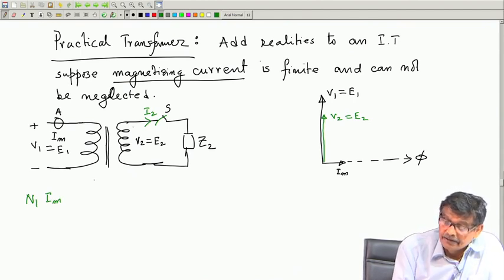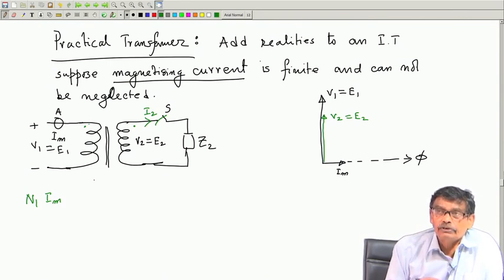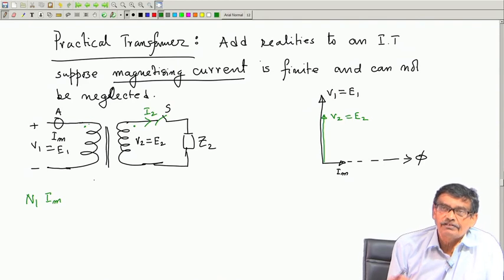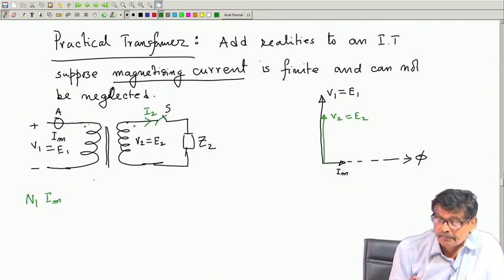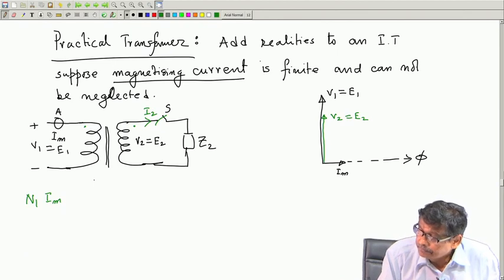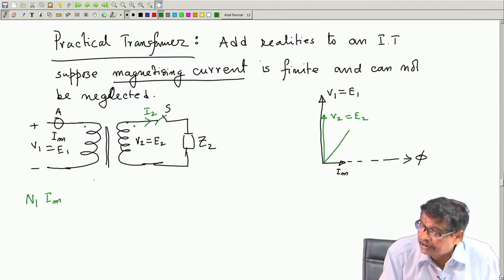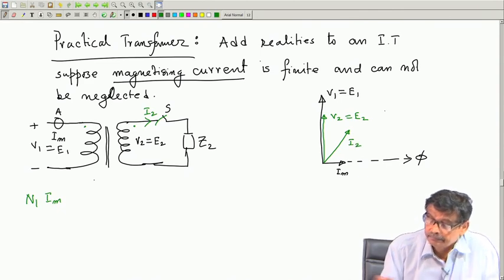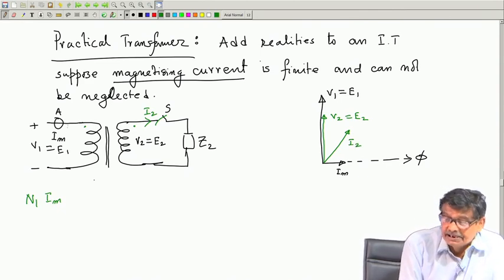What will be the MMF acting when S is closed? Net MMF once again has to be N 1 I m, because flux remains the same. Therefore, if you close it, depending upon the power factor angle, I 2 will be here. But the primary immediately will draw an additional current I 2 dashed.